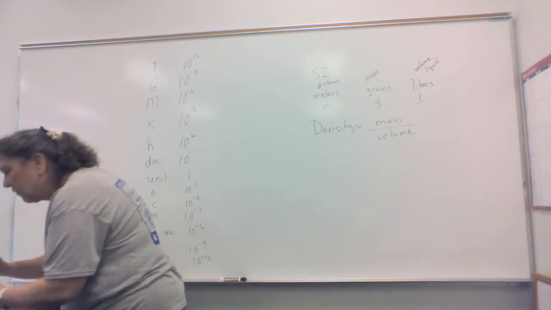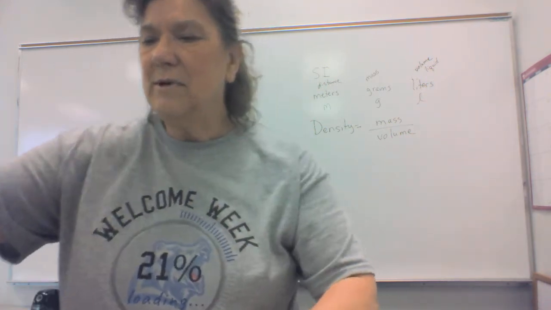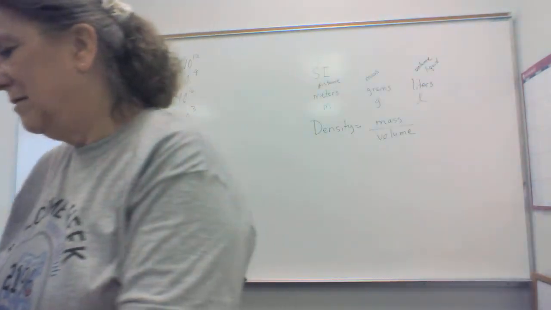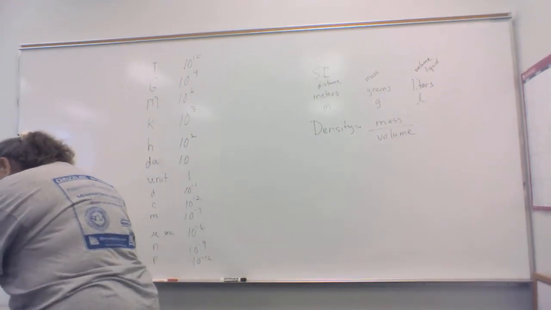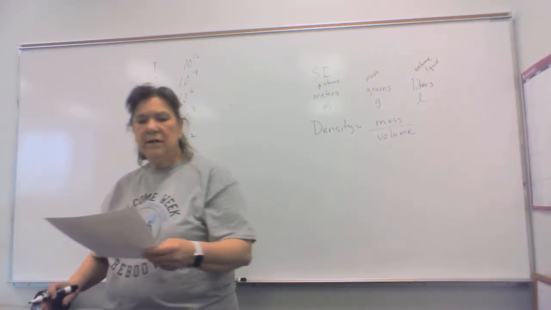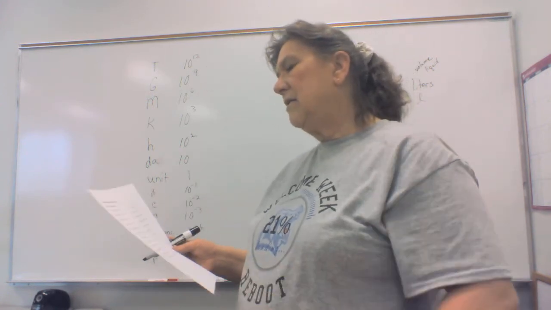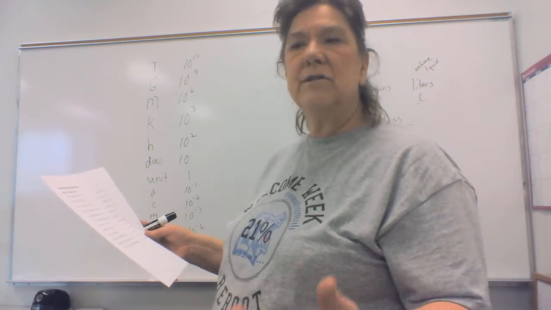And I've done this for a group already. So here's one for you, and here's one for you. And as you see on that, what I have done is I have actually put it in relationship to meters, on one side and on the other side in relationship to a decimeter and so on.